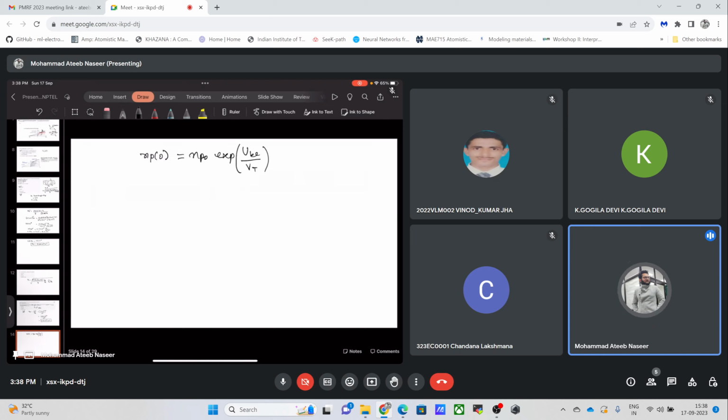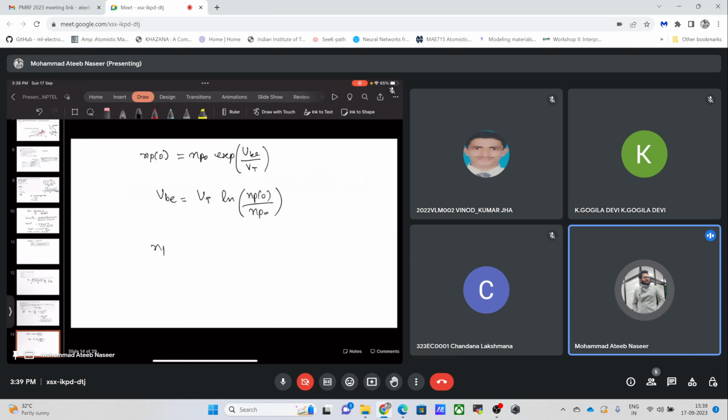Okay, so if I take the ln on both sides, it would simply be VBE is equal to Vt ln of Np0 divided by Np naught.